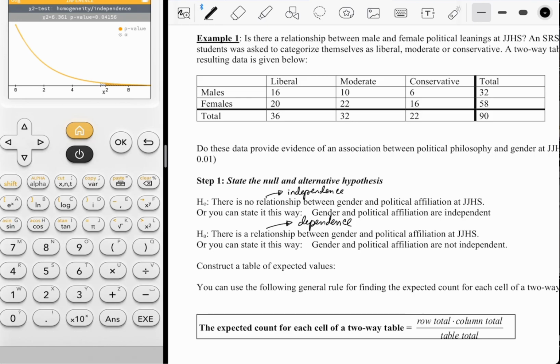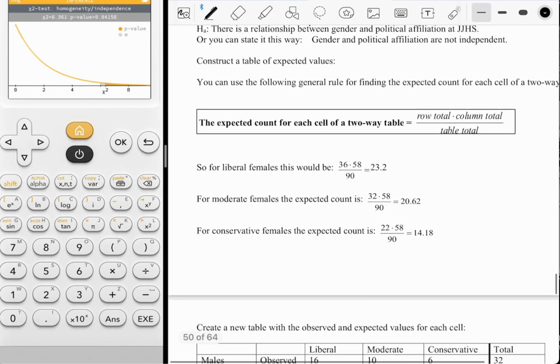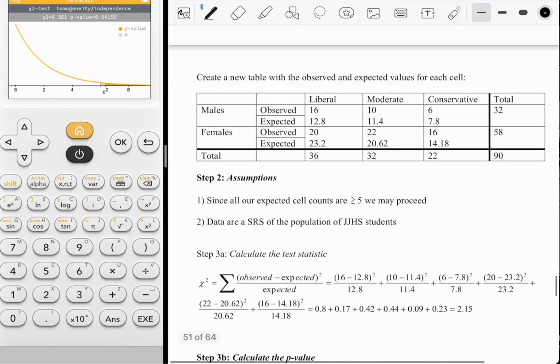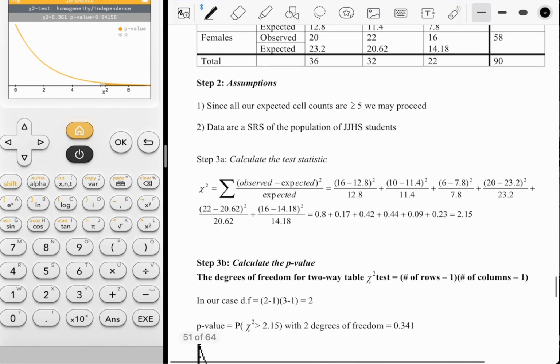So we'll compute our chi-square test statistic based off of the observed values that they're giving us and the expected values that we're going to determine. All this stuff here is wonderful, but it's all going to be embedded in the computation. Same idea here. You see the calculation of the test statistic is pretty crazy.